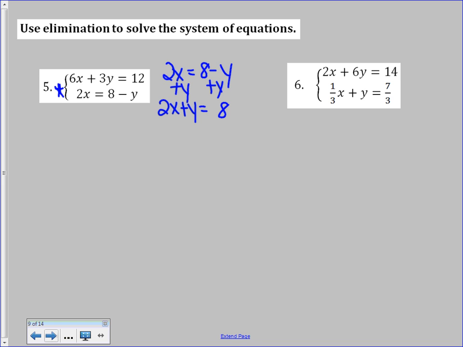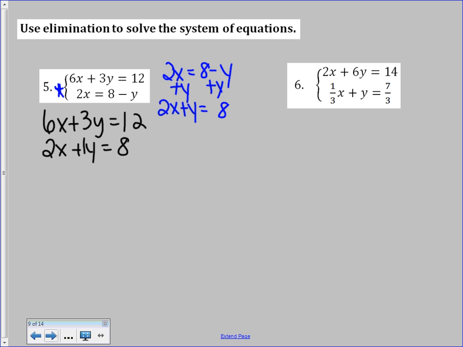So I'm going to go ahead and line that up with my other equation. So the first equation stayed the same. And the second equation we changed to be a little different. So now I have to multiply. I don't have coefficients that are the same. So I have to think of a number I can multiply to get opposites.